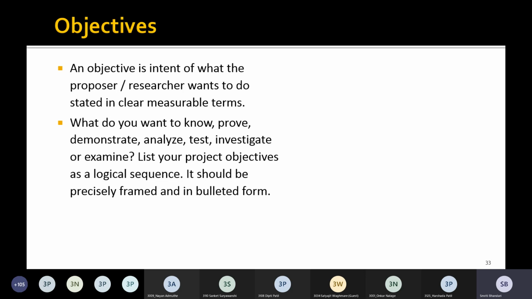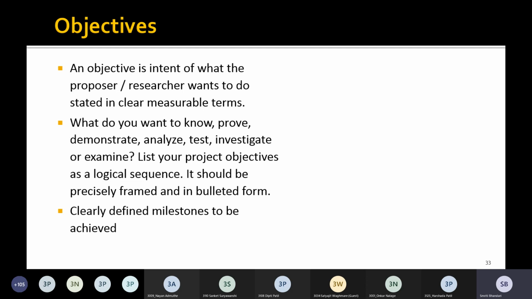So objective number 1, 2, 3, whatever. List out those objectives in a bulleted form, and these should form a logical sequence of the tasks or processes you need to follow to come up with a solution to the problem.